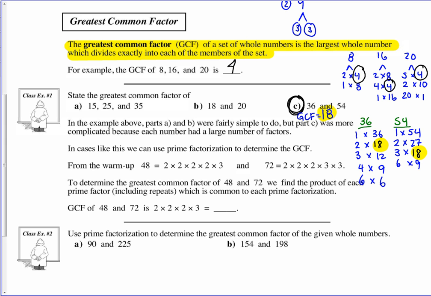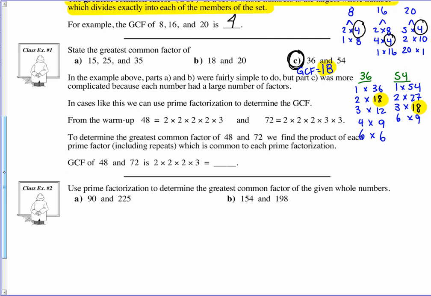And so when we look at the prime factors, remember these sets of prime factors from above? 72 was, oh no, that's not right. That's the GCF. Erase this. 72 was 2 times 2 times 2 times 3 times 3. So we look at the prime factors and we want to see what they have in common.